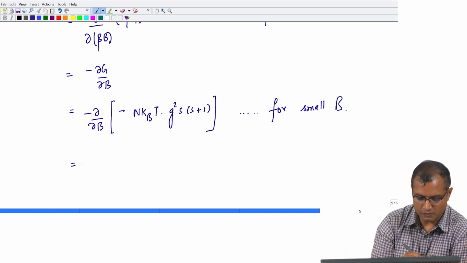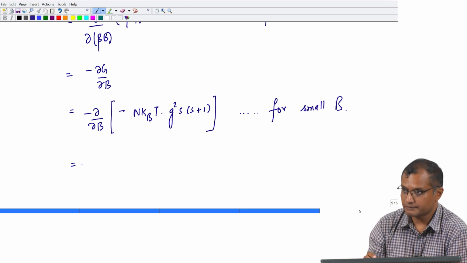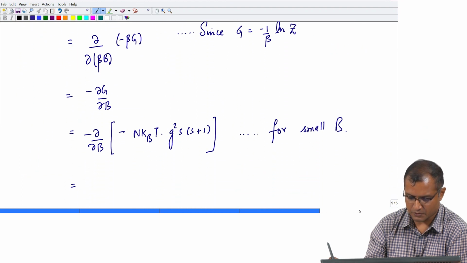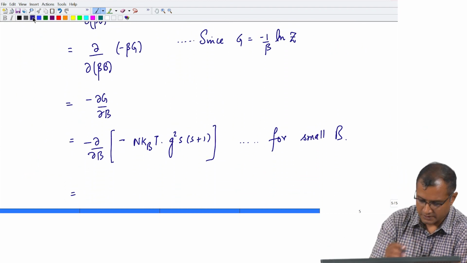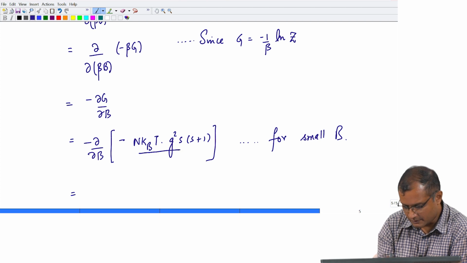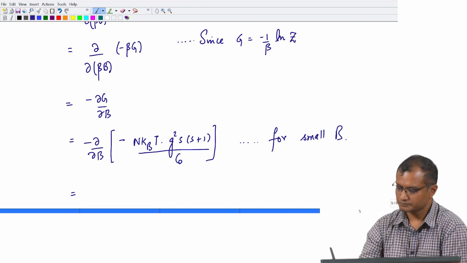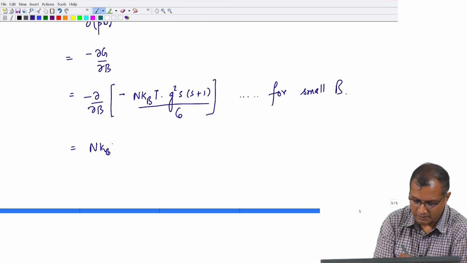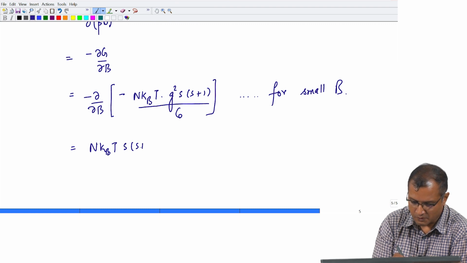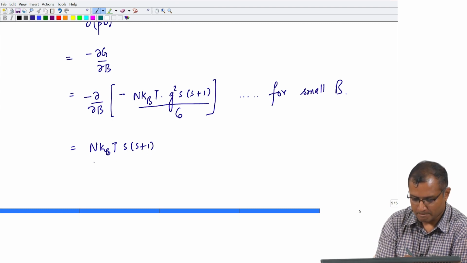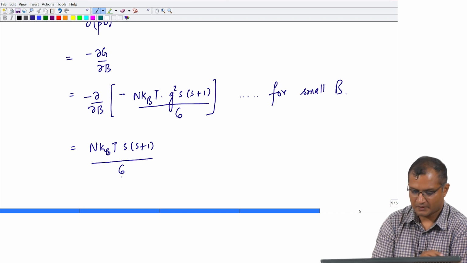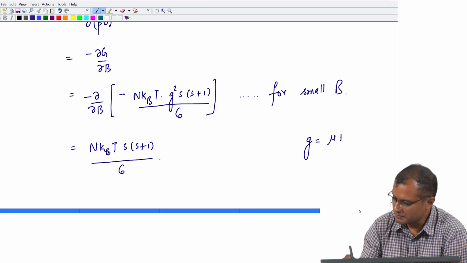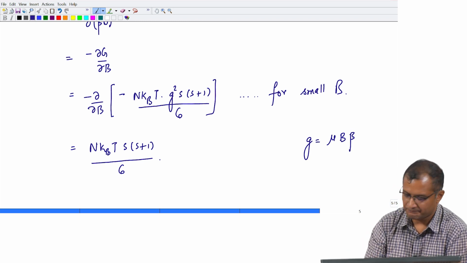So, you can knock off these two minus signs and put, sorry, yes, of course, I think I was supposed to copy it, but left it upstairs. Okay. So, a lot of things can come out: n k b t into s plus 1, divided by 6, and of course, our g is mu b beta.